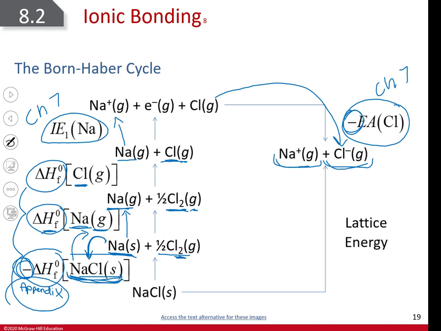Step 1 is the opposite of the enthalpy of formation of your compound. Step 2 is the enthalpy of formation of your metal in the gas phase. Step 3 is the enthalpy of formation of a single atom for your nonmetal. Step 4 is the ionization energy of your metal. And step 5 is the opposite of the electron affinity of your nonmetal. So those are your 5 steps.